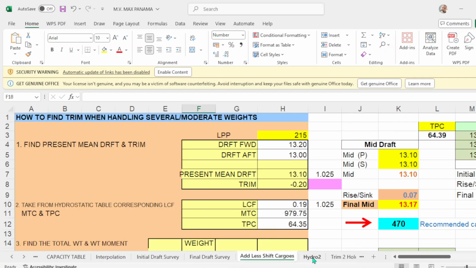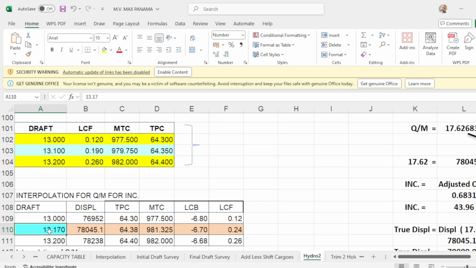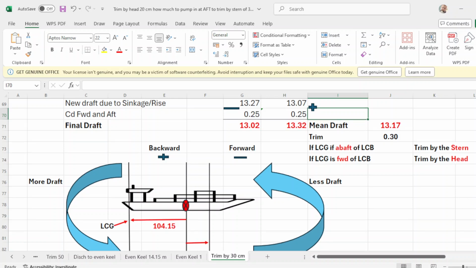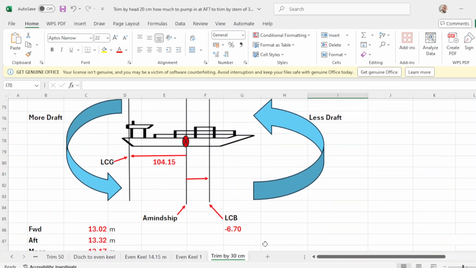Okay, go to the hydrostatic table, and your mean drop is 13.17. Take note of your LCB. LCB is negative 6.70, and your final LCG is this one.